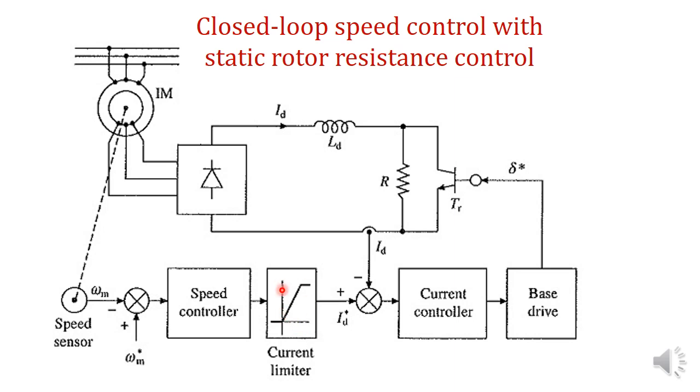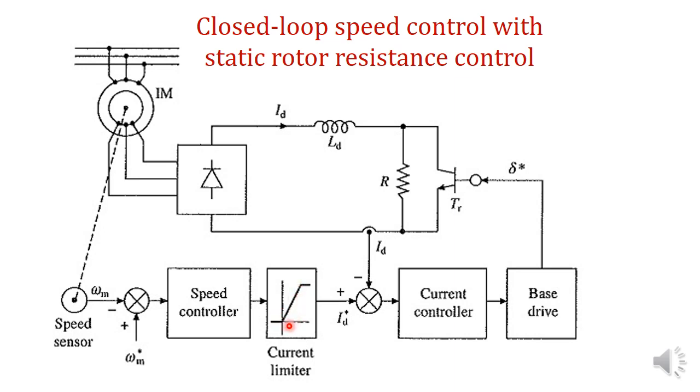The current limiter is designed such that it saturates at a constant value of current, which will give the maximum torque for the motor. So this helps to operate the motor with a very fast transient response during motoring as well as braking.